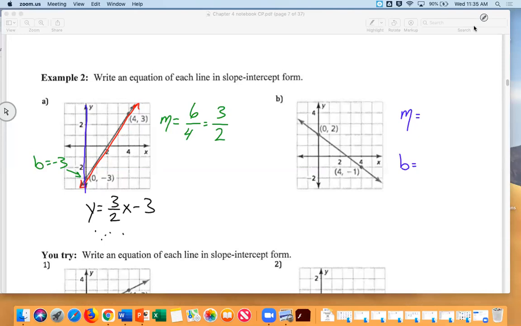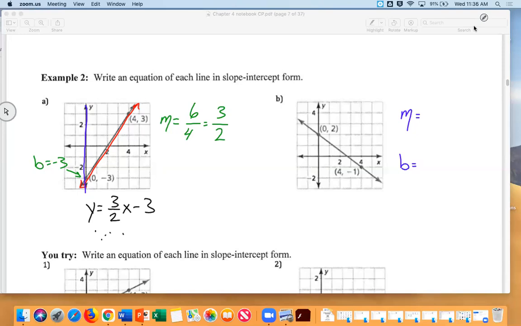Grace, can you hear me? Grace, could you tell me one of those two things, either my slope or my y-intercept? The y-intercept, okay, yeah, is -1.